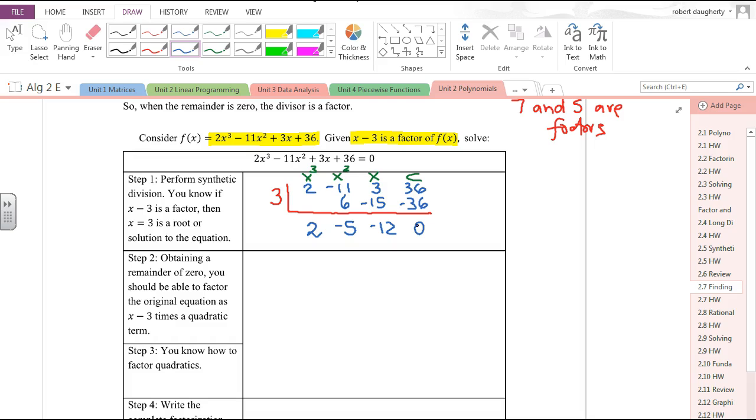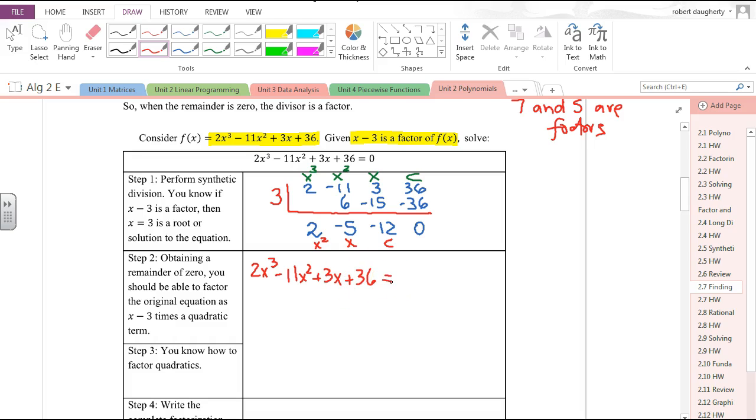Now, what does this mean? How do I read this? This is x cubed. This is 2 what? Yeah, this is x squared, x, and constant. So now what I have is 2x cubed minus 11x squared plus 3x plus 36.